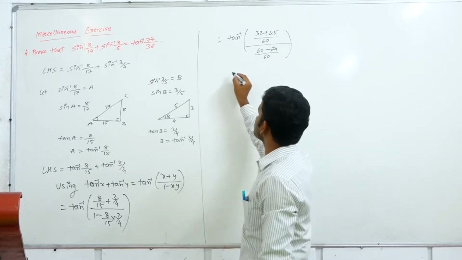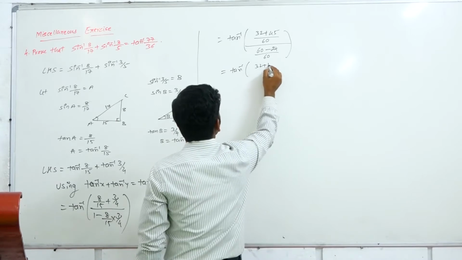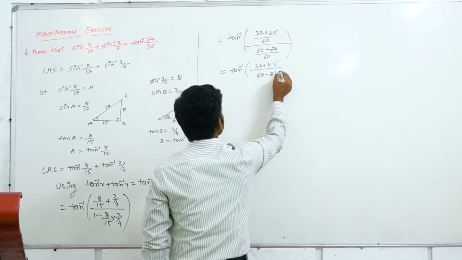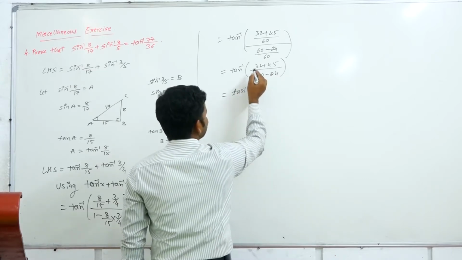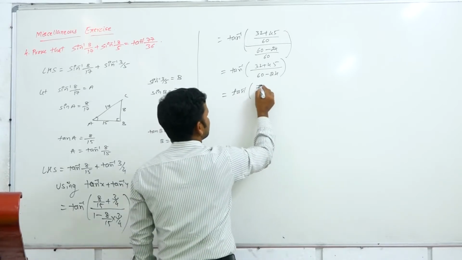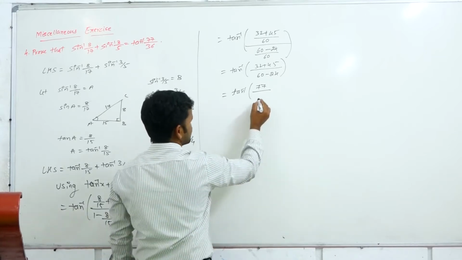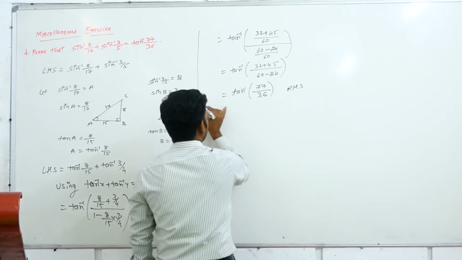The 60 cancels out. Tan inverse of 32 plus 45 divided by 60 minus 24. 32 plus 45 is 77. 60 minus 24 is 36. Yes, this is the required RHS.